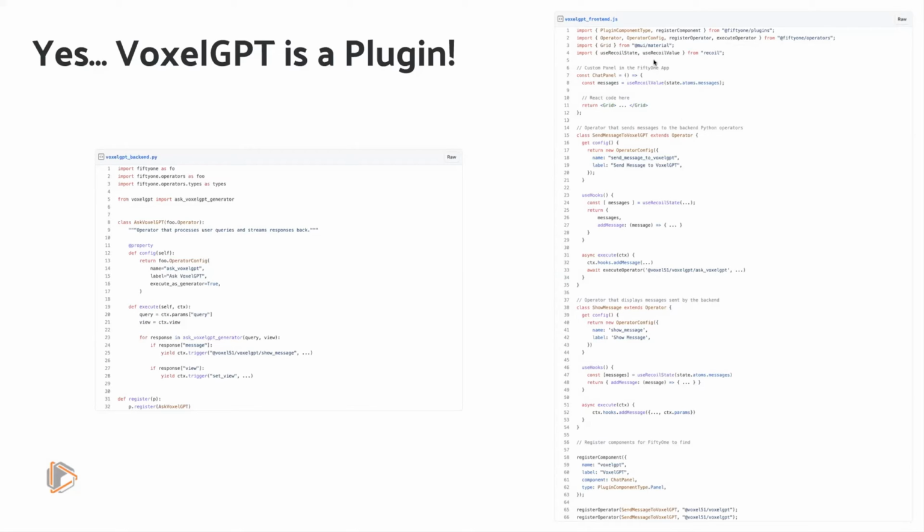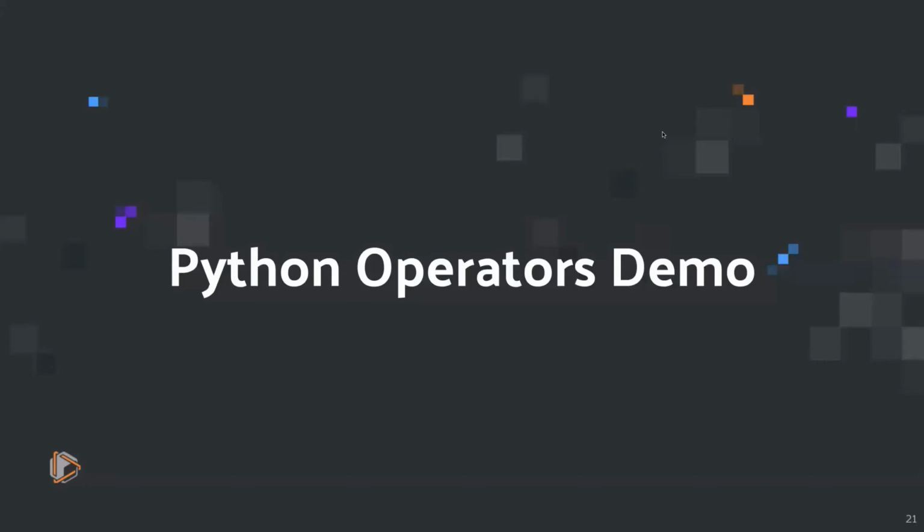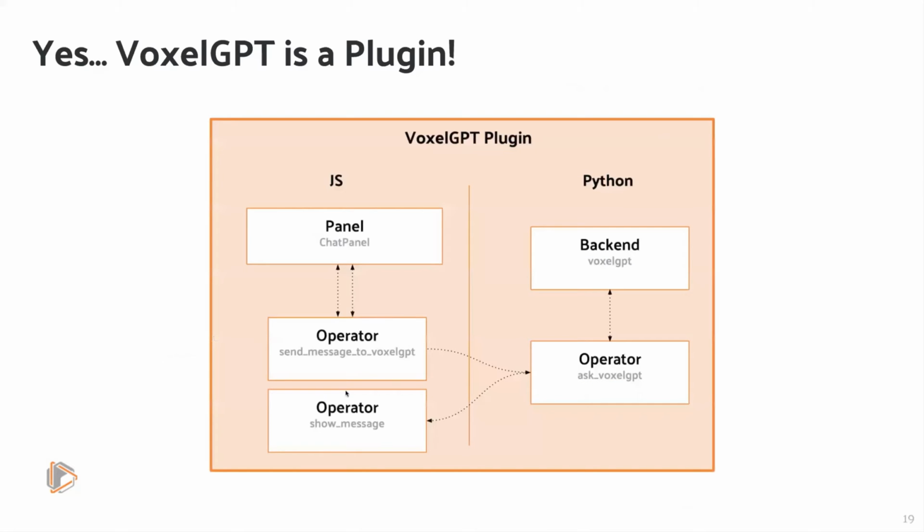You can use things like Material UI, which is built in natively to 51, to build beautiful UIs with minimal effort. And then similar to the Python operators that we built to do the backend functionality, VoxelGPT declares those JavaScript operators that we mentioned here to do the two-way communication of sending messages to the backend and then parsing those messages when they come back.